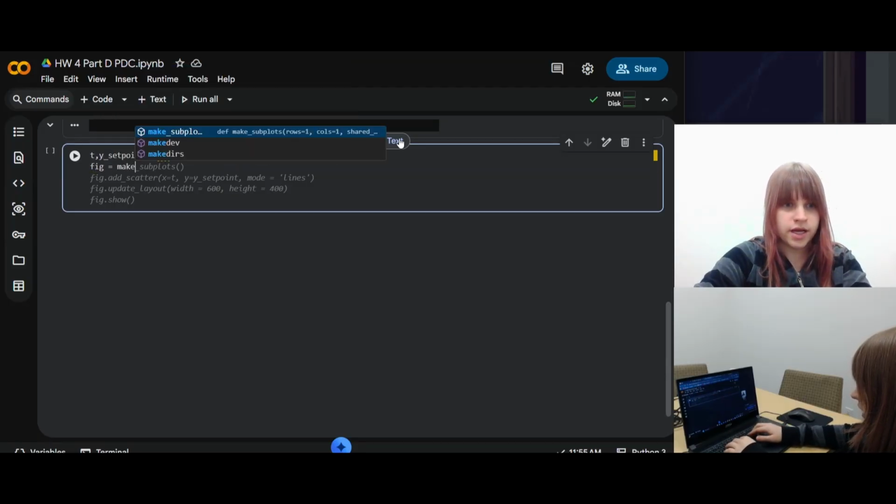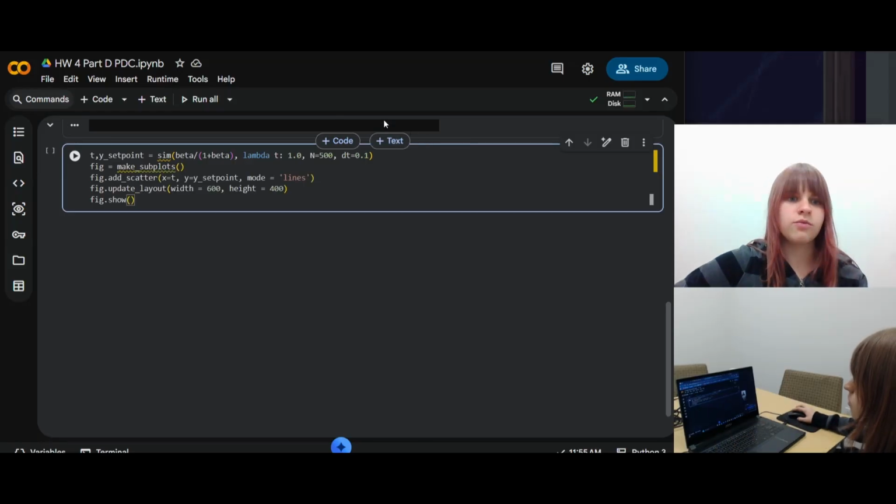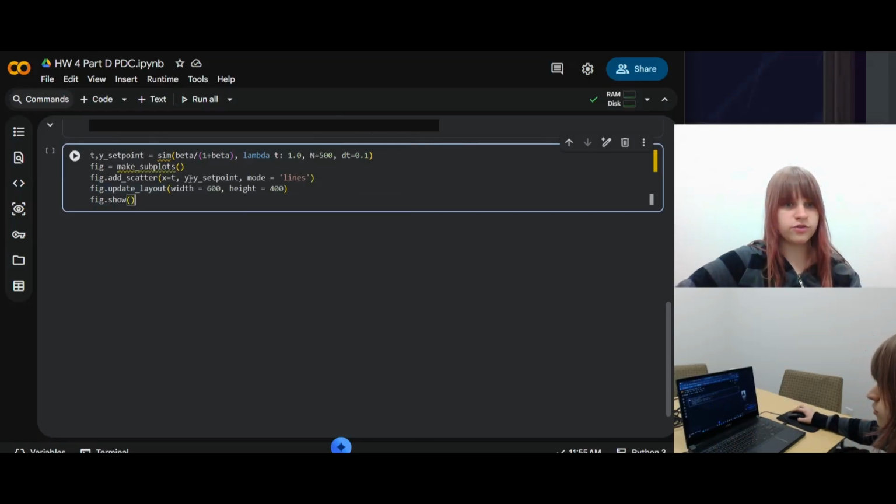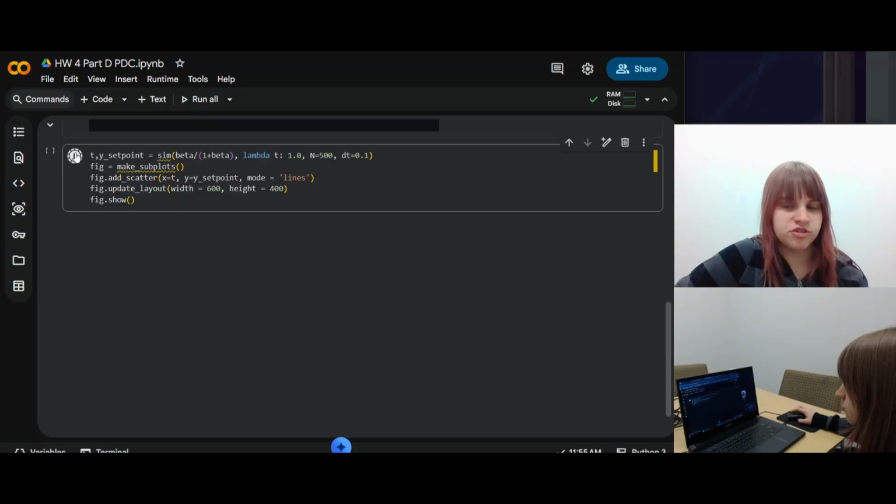And we'll go ahead and make our subplots, add a scatter where x is equal to t, y is equal to y set point. Our mode is lines. Same layout as before, so we can compare much easier, and show the figure.